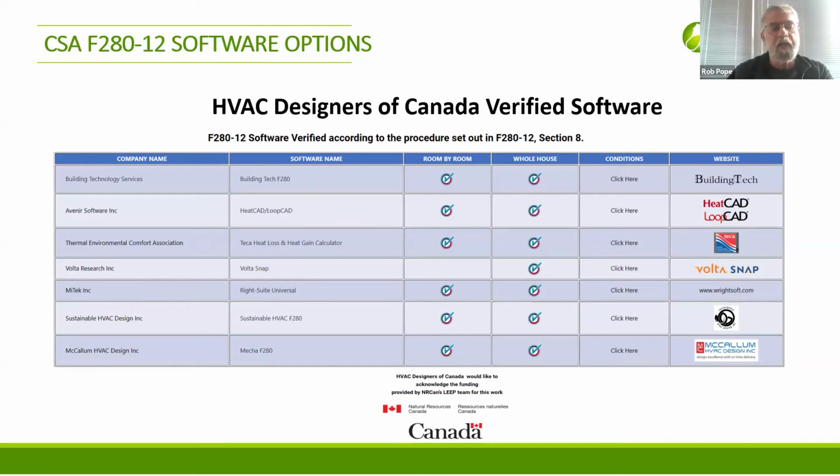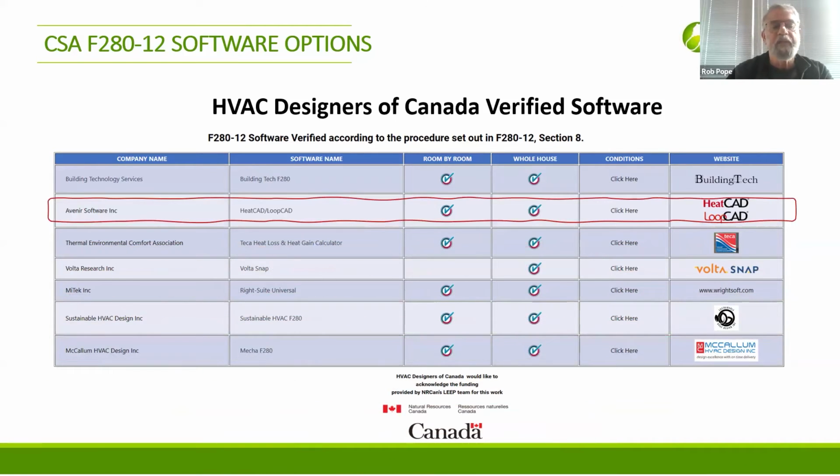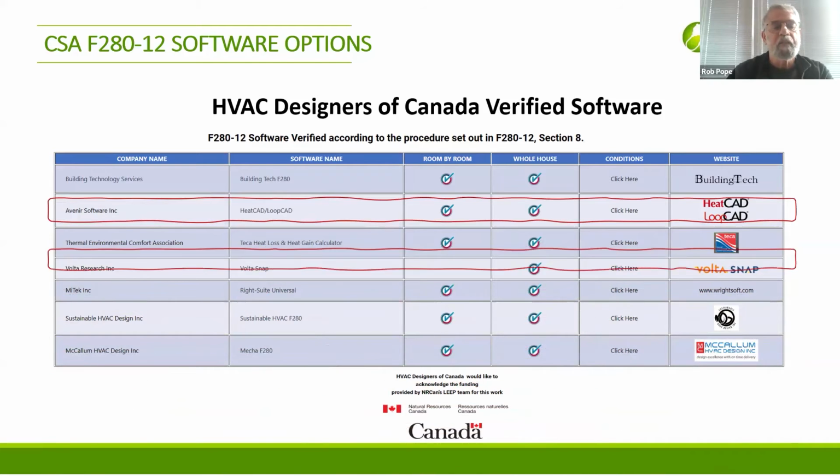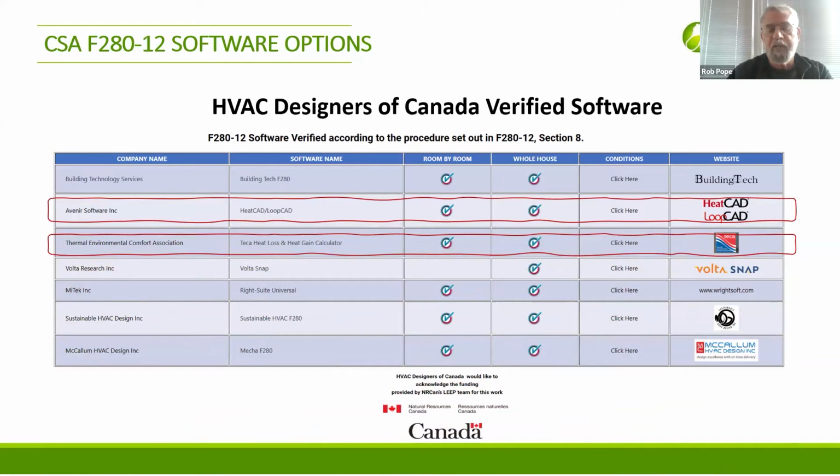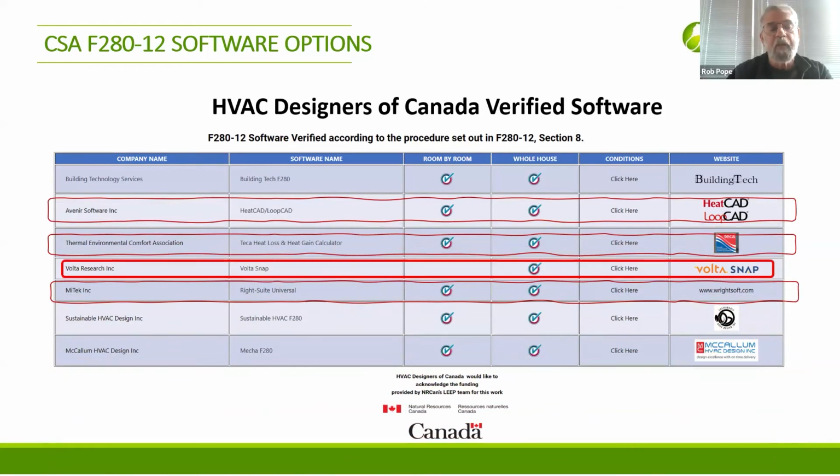But we're going to be talking mostly about this particular one, the TECA one I've mentioned, the Right-Suite one I've already mentioned. And we're also going to talk about this one here. Remember, I mentioned how we can make HOT2000 work with this particular program, is how that happens. And I'll get into a little more detail on that a little later on in the presentation.